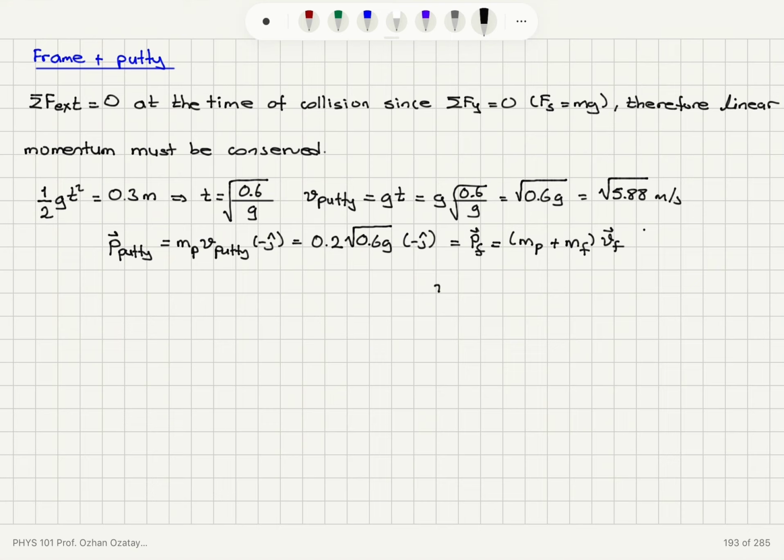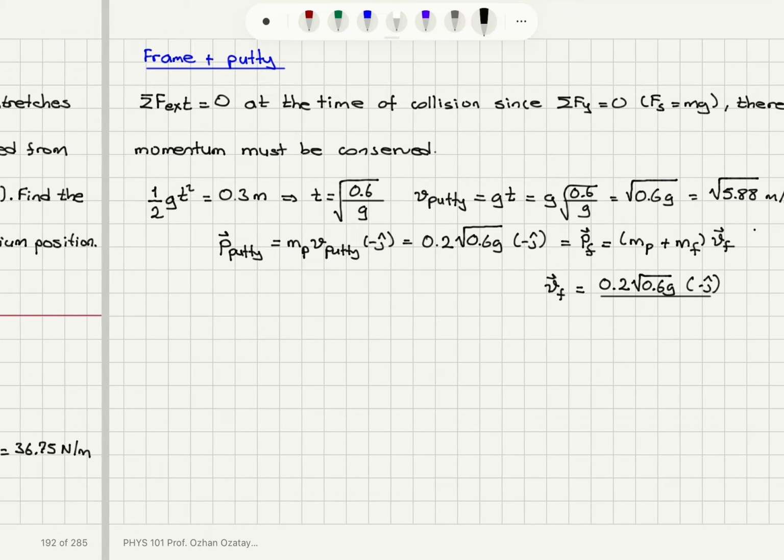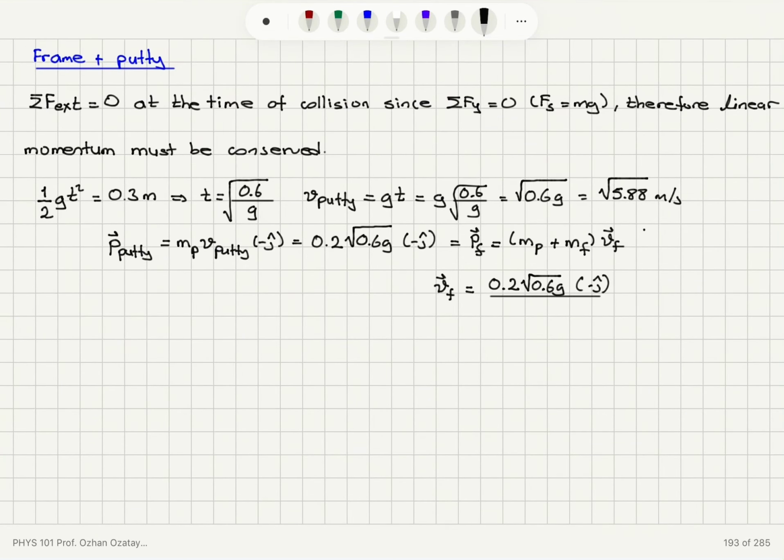So the final velocity right after the collision will be 0.2 times square root of 0.6 g in the minus j hat direction, the initial linear momentum, divided by the total mass 0.2 plus 0.15, 0.35 kilograms.